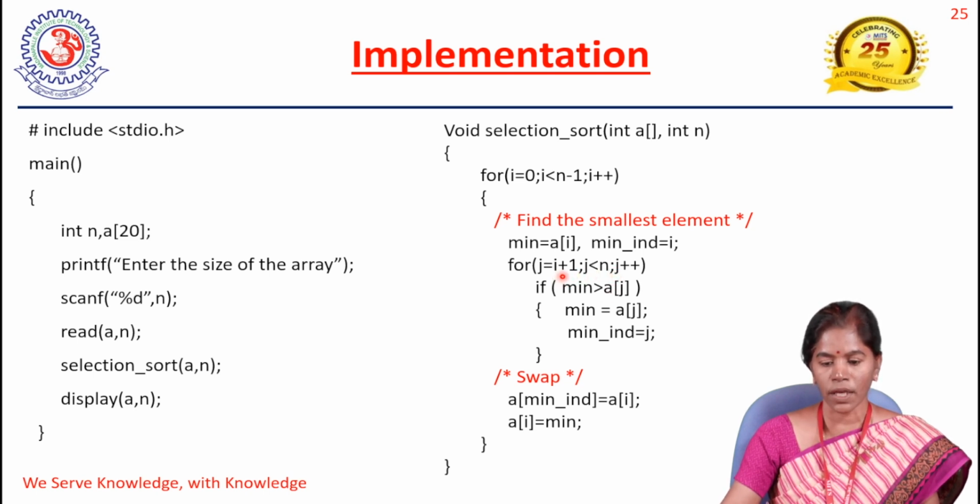That's why j varies from i plus 1 to n. If the minimum value is greater than a of j, we replace the minimum element. When changing the minimum element, we also store the index position j into the min_int variable.